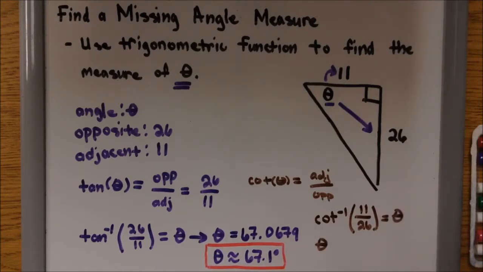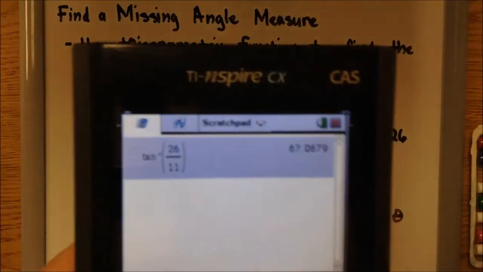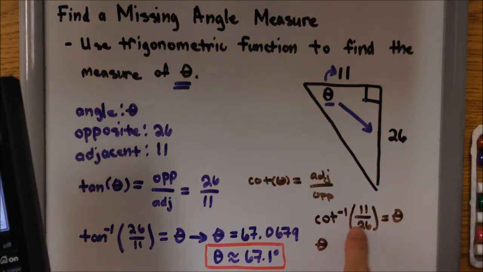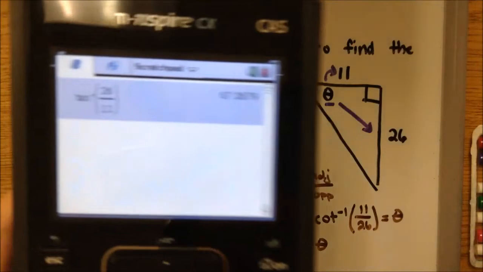So theta, what would it equal? So let's go back to the calculator. Alright, so I'm going to type in cotangent inverse or inverse cotangent of 11 over 26.